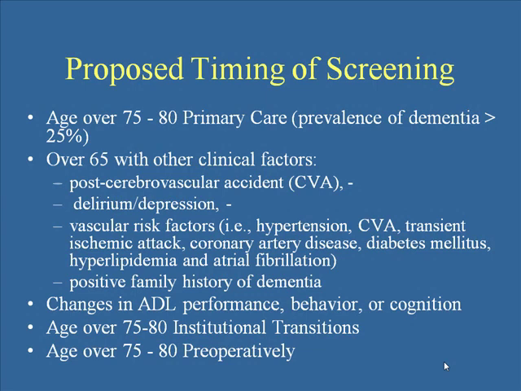Other populations that might warrant targeting for screening would be people who are over the age of 65 who suffer from other medical conditions that would put them at higher risk for dementia.